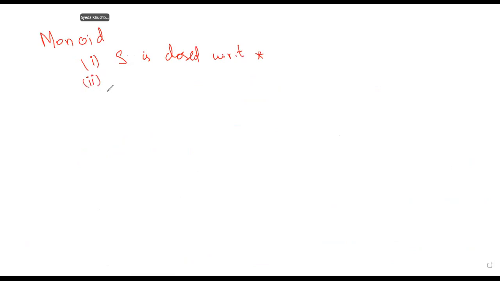The second one is that the binary operation is an associative binary operation.